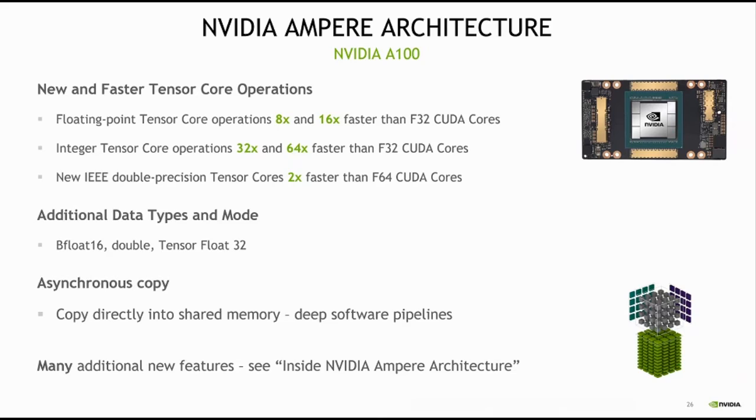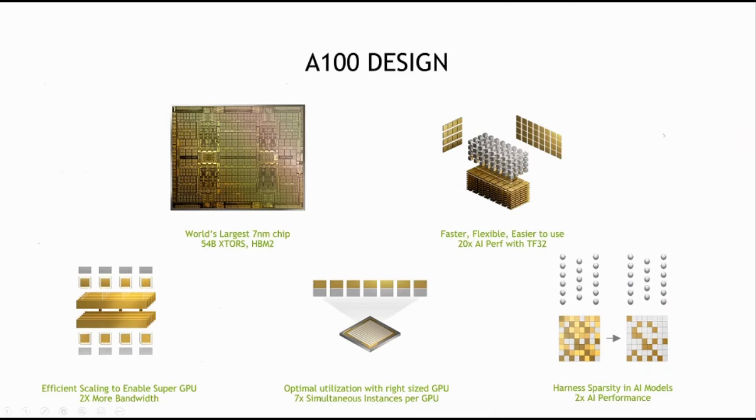So what we have done in the Ampere architecture is we have tried to improve the tensor core, and also added additional features like the sparsity accelerator. So let's get into more details about what this essentially means. In the A100 design, you'll notice that there are two components.